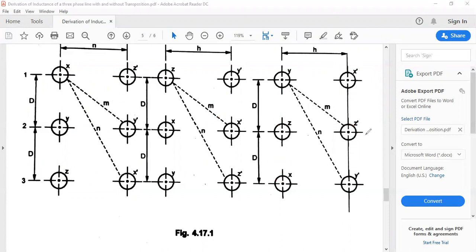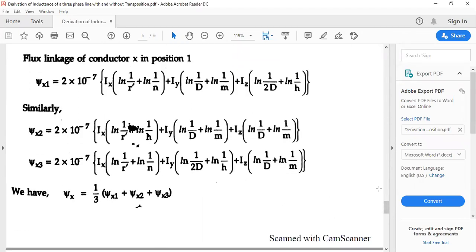So what we can understand from this is that you need to find the flux linkage of conductor X in position 1. Again you have 3 different sets of terms, and in total 6 terms in equation 1.